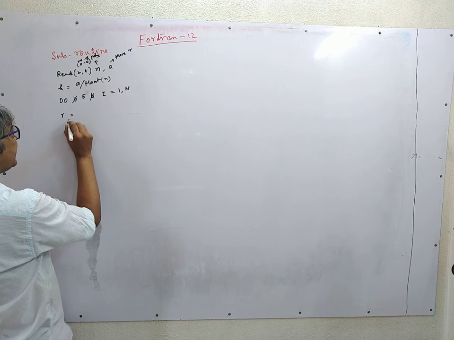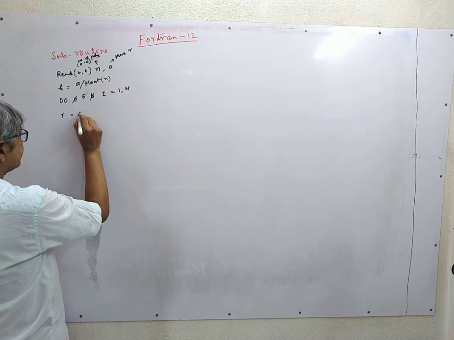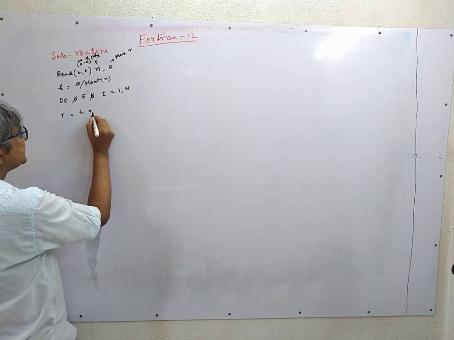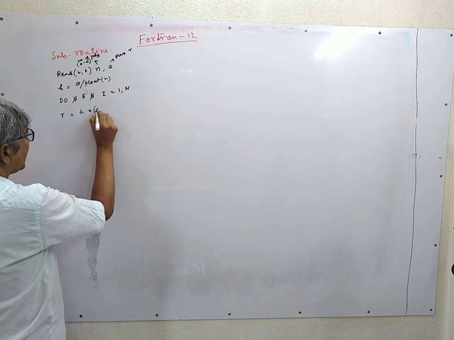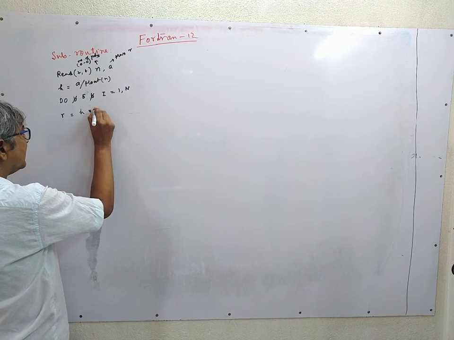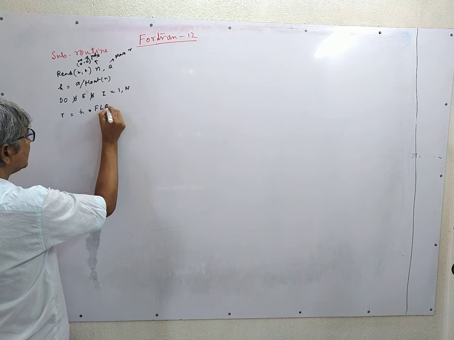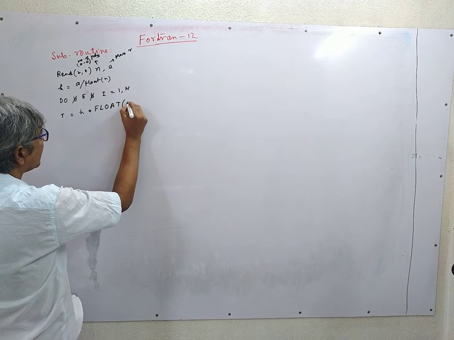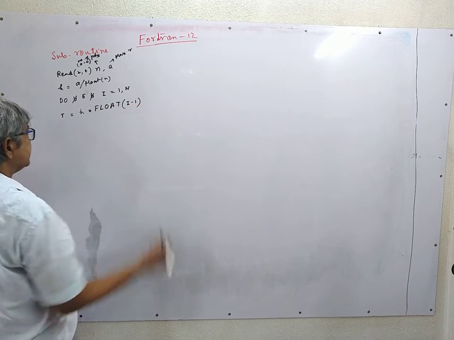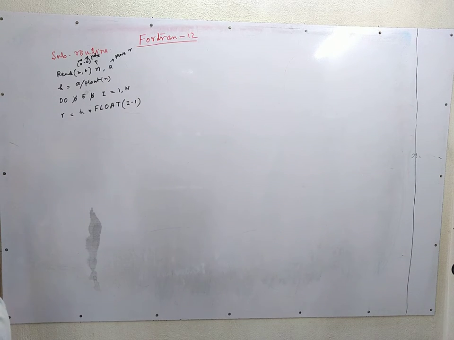R is defined as h times I minus 1. So when I is equal to 1, it is 0, and when I is equal to 2, this is h, and so on and so forth.